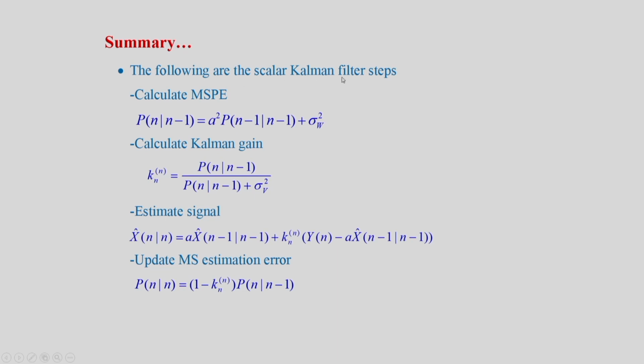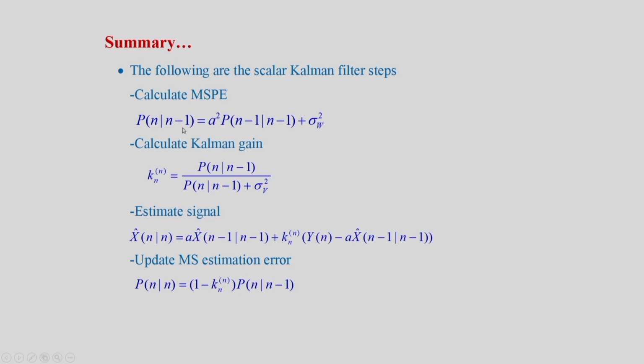So, we established the following Kalman filter steps. First, calculate the mean square prediction error, that is P of n given n minus 1, equal to A square times P of n minus 1 given n minus 1 plus sigma w square.